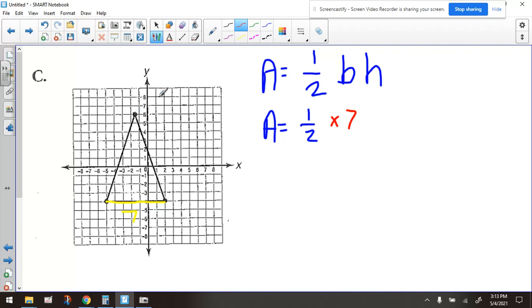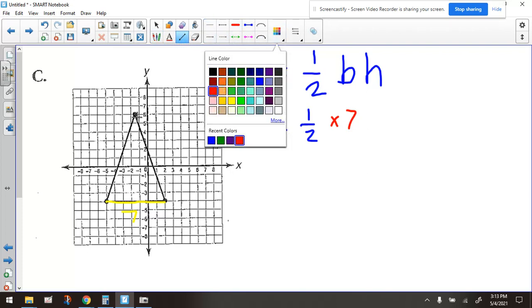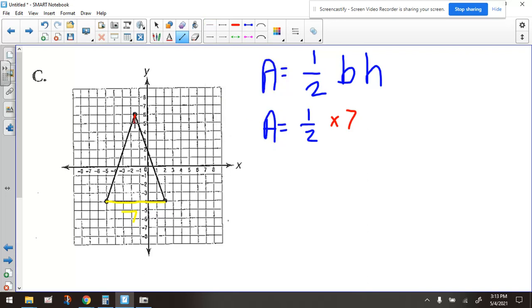And this is going to be a little more difficult than you think. In fact, I think I even want to get my line tool out for this just to make sure I don't make a mistake. So let's use the line tool. We'll make it red. And let's go all the way up from here. So that's 1, 2, 3, 4, 5, 6, 7, 8, 9, 10. And see how that red line is perpendicular?